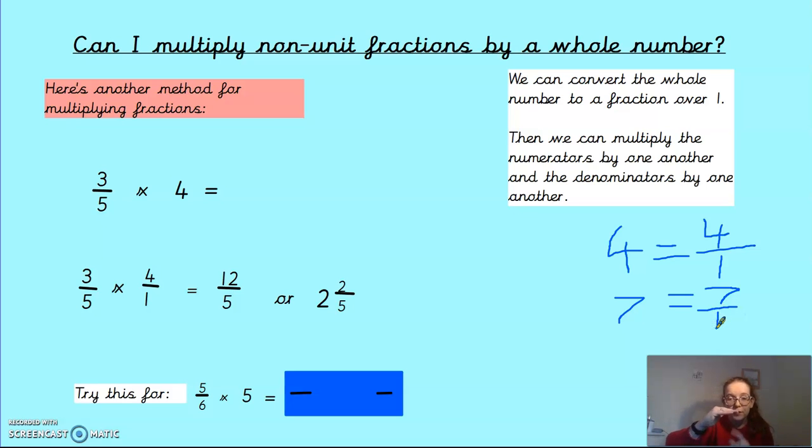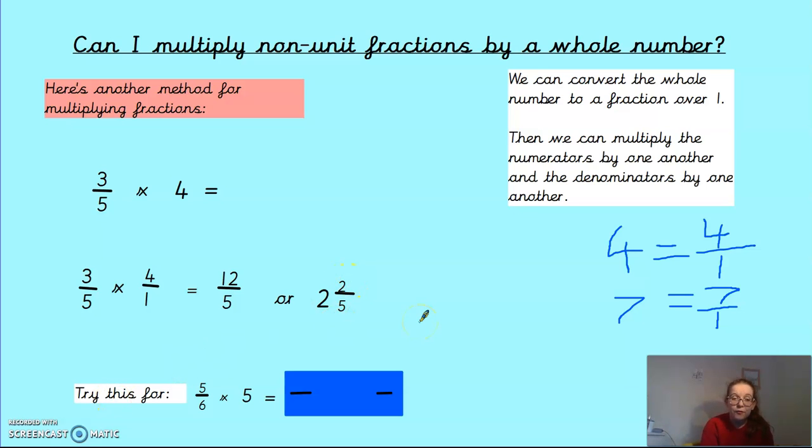If you put a whole number and put your over 1 underneath it, that is going to give you the fraction equivalent. So now I can do 3 times 4, which is 12, and 5 times 1, which is 5, and that's going to give me 12/5. Or I can put that back into a mixed number by turning it into 2 and 2/5, because 2 groups of 5 is 10, and I've got 2 left over.